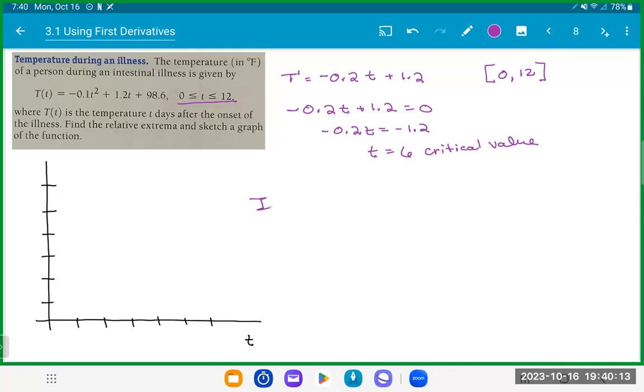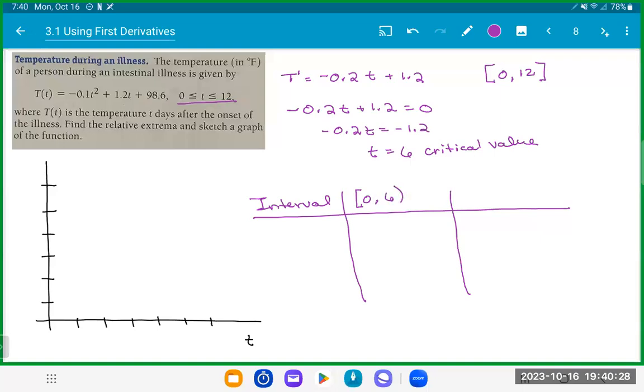So we have our interval, and it will go from 0. Notice I have a bracket on 0 to 6. The critical value does not get a bracket, it gets parentheses. And then from 6 to 12 with the bracket. That is because we have equality in the time that we were given.